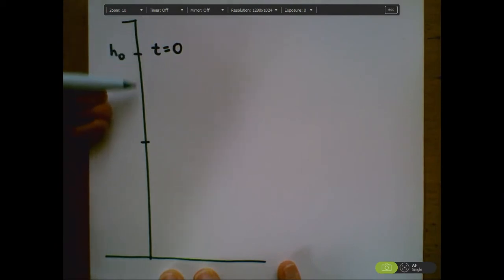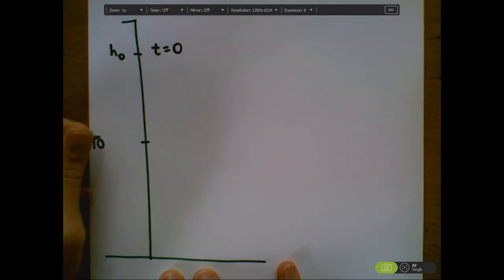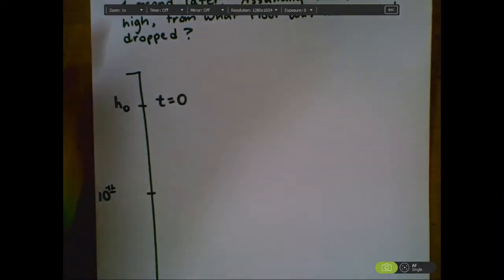And then at the height where I'm at, which in this case is the 10th floor, I'll label this as 10th floor, because the 10th floor in this case isn't going to be at a height of 10. That's going to be at a height of 10 times 4.9 meters.